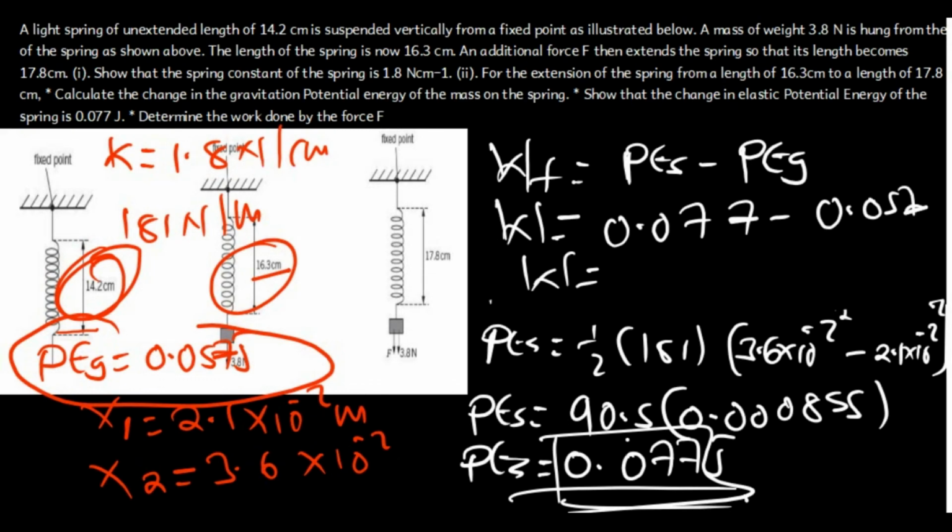So if I do minus the work done by overall, that is going to be the work done by the force F. So 0.077 minus 0.057. Okay, so I'm getting 0.02 joules. So that is the work done by F. So this is how you get to answer such kind of question.